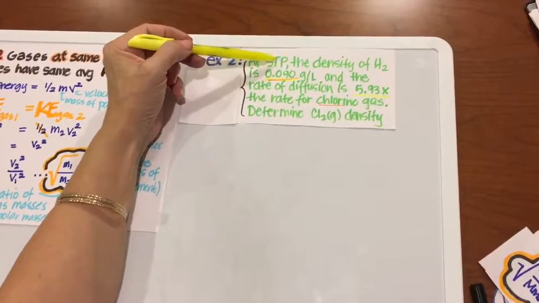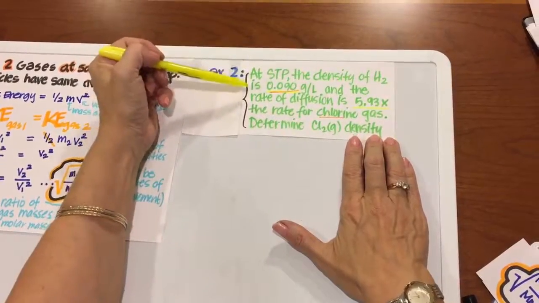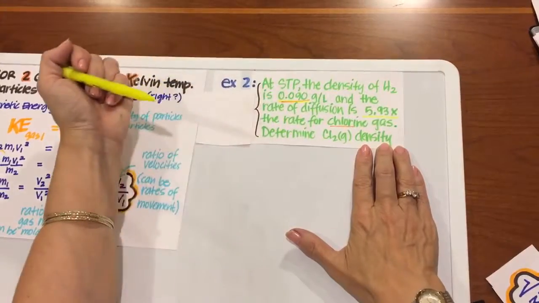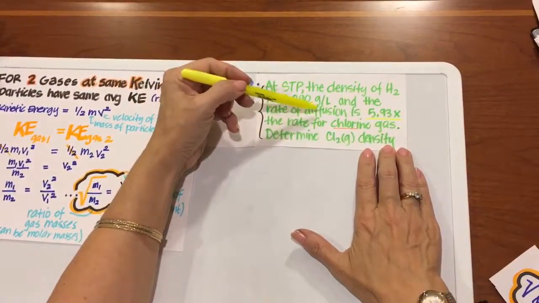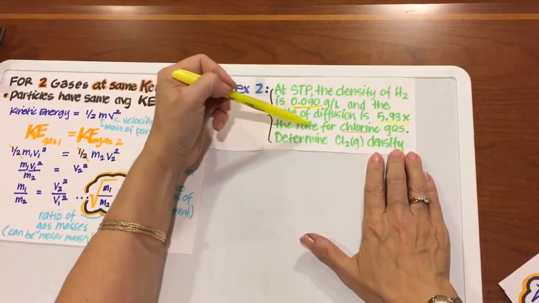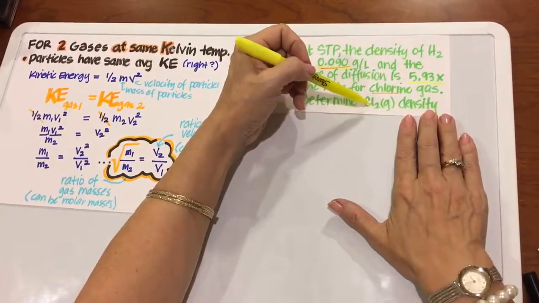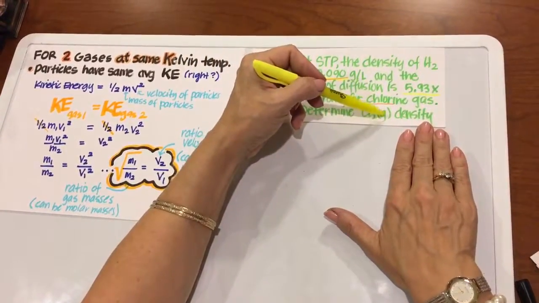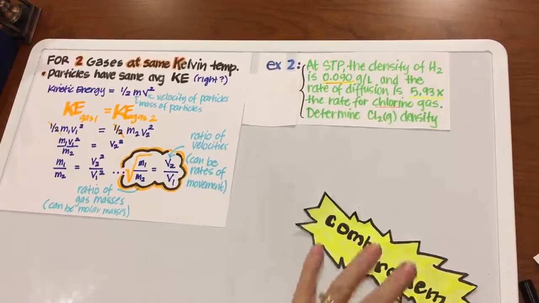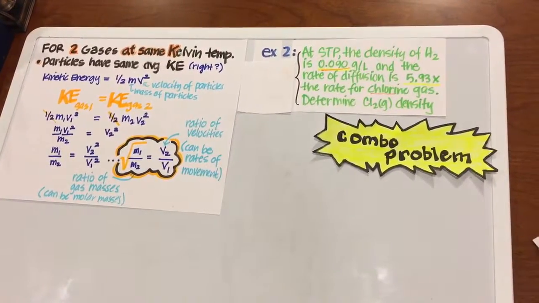At standard temperature and pressure, STP, the density of hydrogen gas is 0.090 grams per liter, and the rate of its diffusion is 5.93 times the rate for chlorine gas. Determine the density of chlorine. Determine Cl2 gas's density. Well, I can tell right now, because I've done a lot of these, that this is going to be a combination problem.